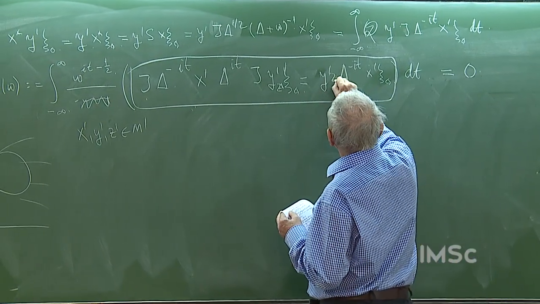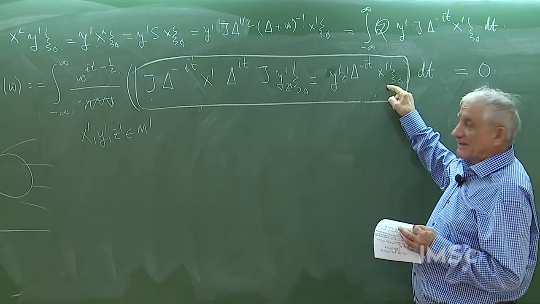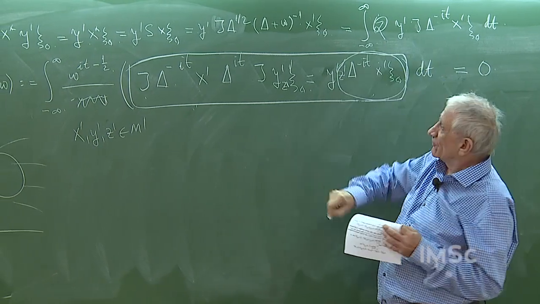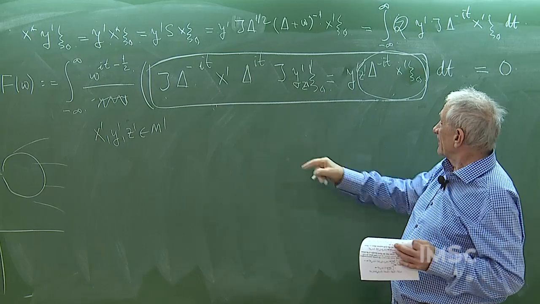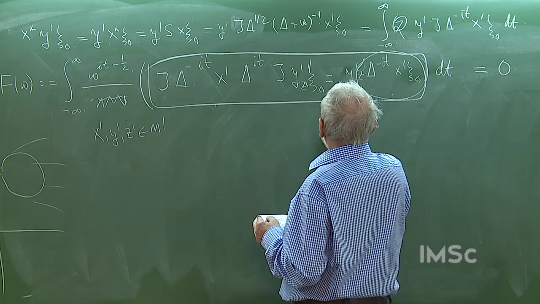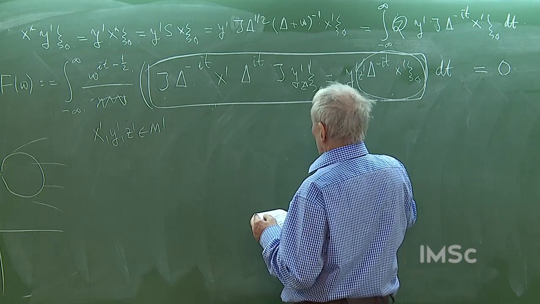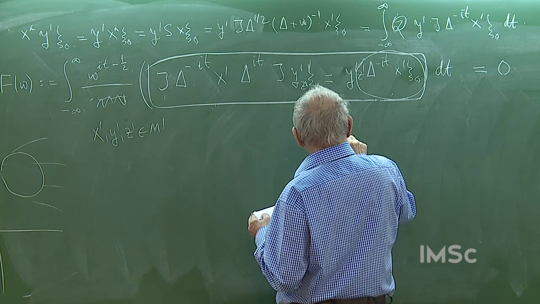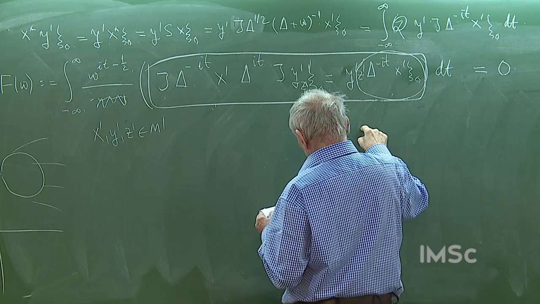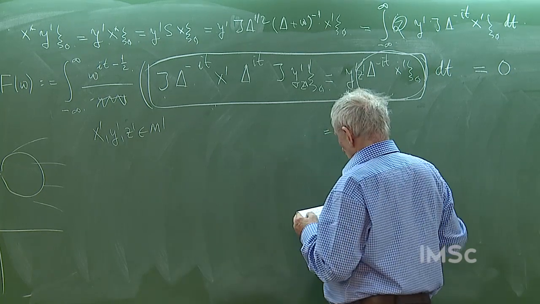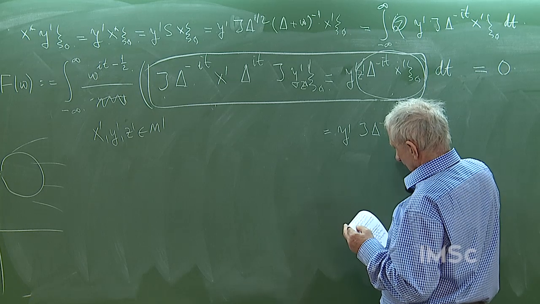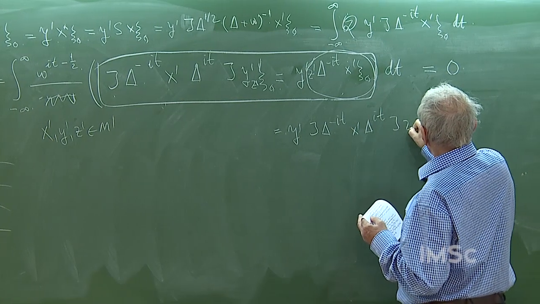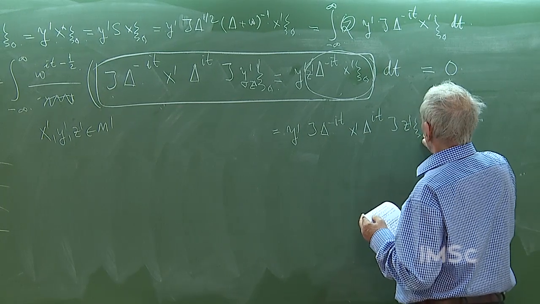But now, using the original formula with only one element in here, this can be written as y prime, and this is J delta to power minus it x prime delta to power it J z prime J z prime psi naught.